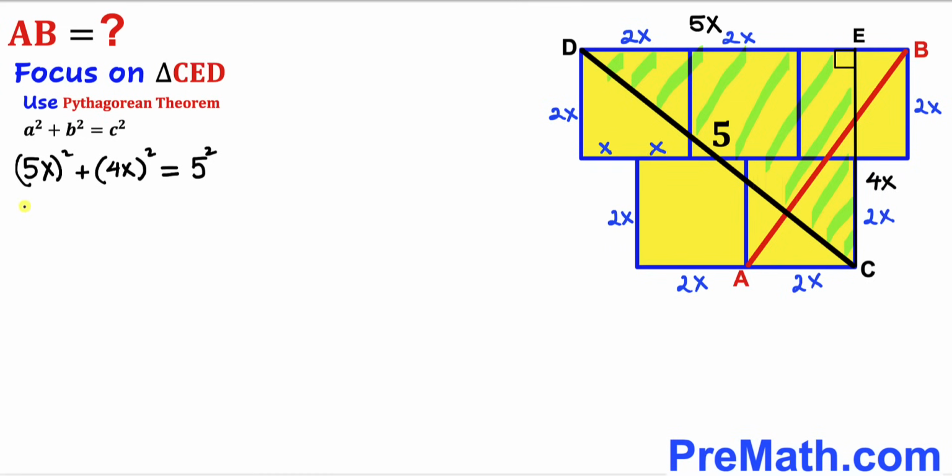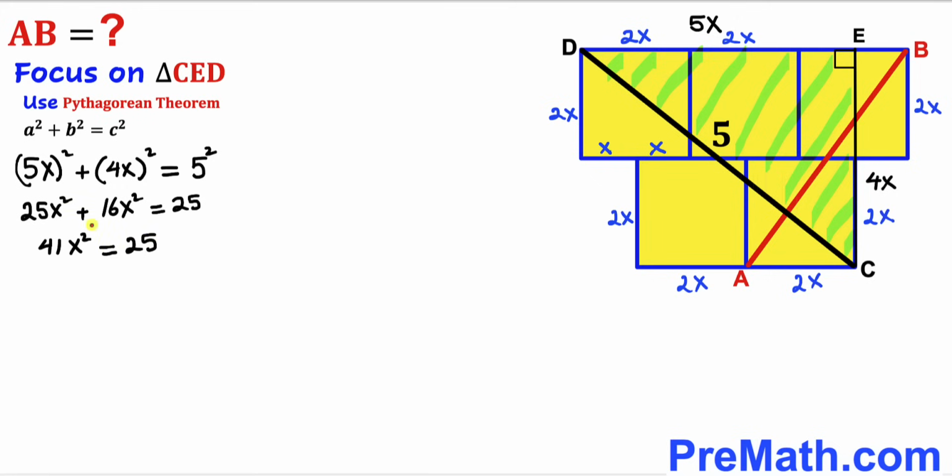Let's simplify. That is going to give us 25 x square plus 16 x square is going to be equal to 25. Let's combine the like terms on the left hand side. That is going to give us 41 x square equals 25.